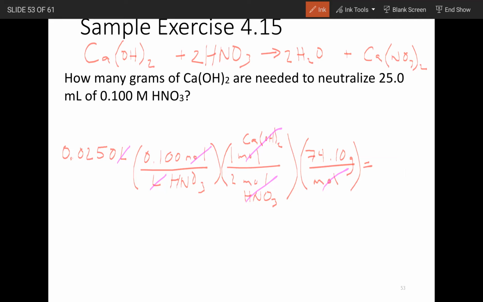So if we actually go through and do the calculation, what we're going to see is we should get 0.0926 grams. And then again, that's going to be of the calcium hydroxide, Ca(OH)2.